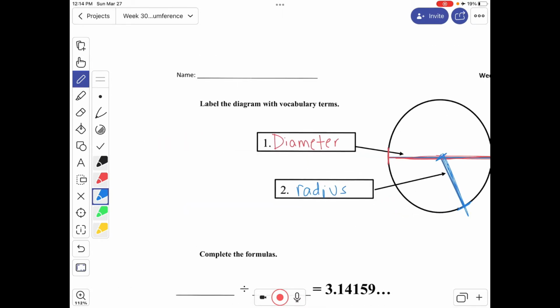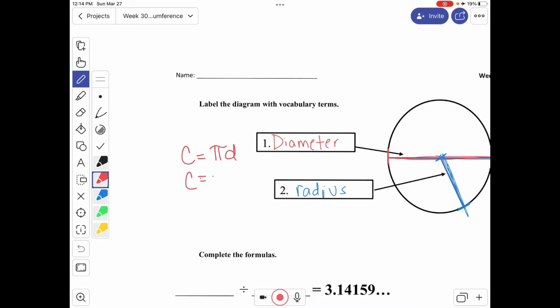And the formulas that use this are circumference and area. According to our mathematics chart, the formula for circumference is either pi times diameter or 2 times pi times radius.